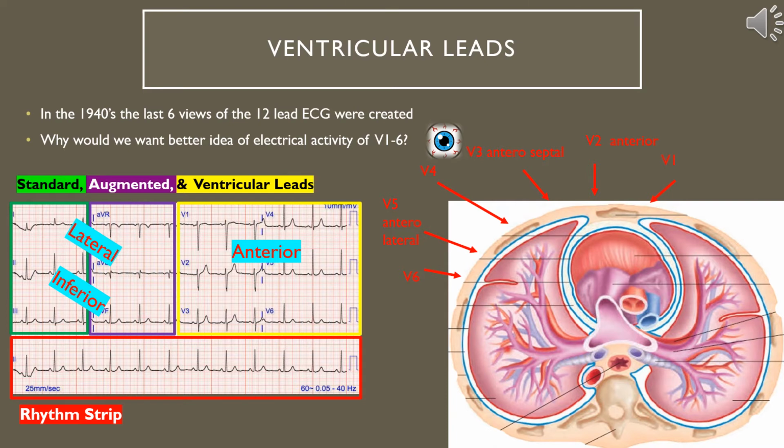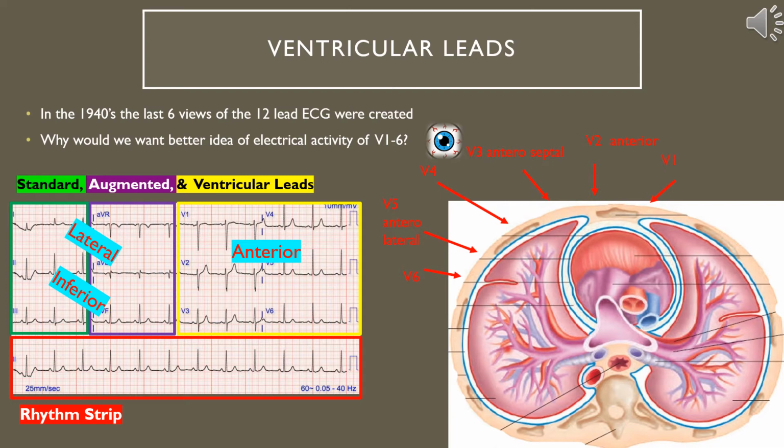Why would we want a better idea of electrical activity of V1 through V6? If we start to see some ventricular ischemia, we can visualize this pretty well with EKG evaluation. So evaluating that left side to see if there's any kind of ischemic damage, we can see by setting up these V1 through V6.